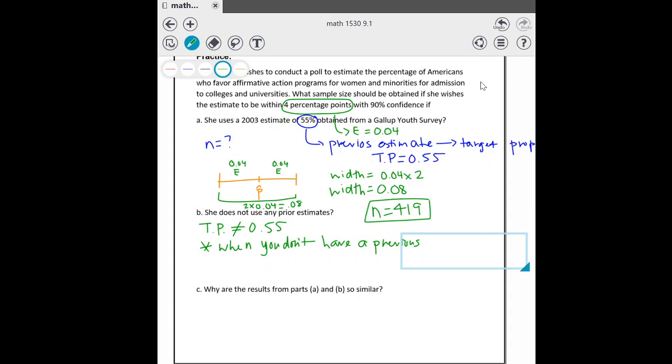When we don't have a previous estimate, we're going to use 50%, or as a proportion, 0.50. So if you don't have a target proportion, then we use 0.50 as our target proportion.